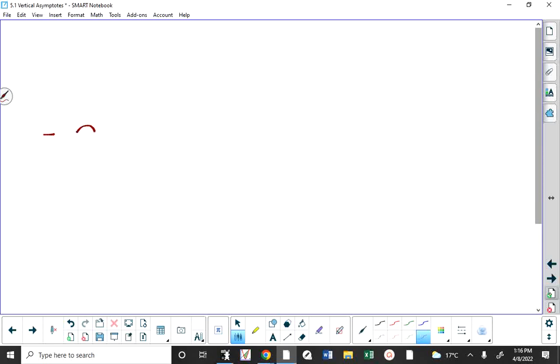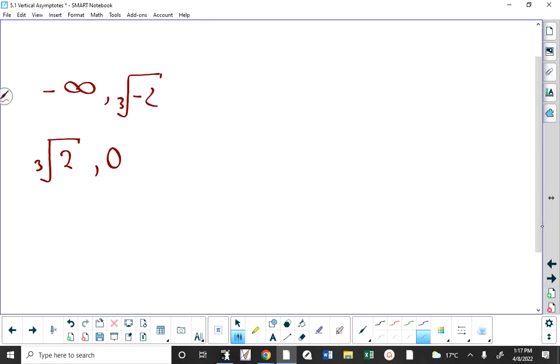I don't know that it really matters, but many of you will recognize we could write the cube root of negative 2 as negative cube root of positive 2, if you wanted to.